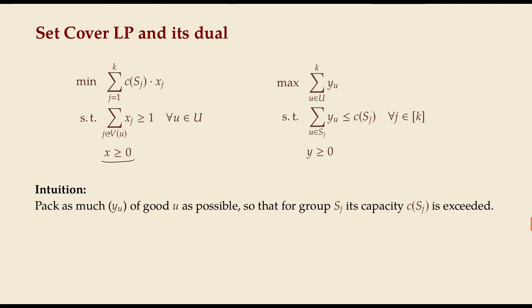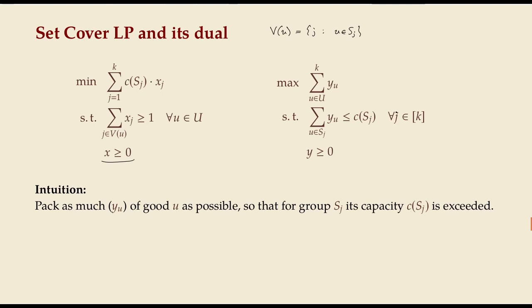And remember this V of u, that was a notation we introduced for convenience. That's the set of all j's, of all indices, so that u is contained in this j set. So here you had a constraint for every element in the universe, and you said at least one of the sets that contains me must be selected, must be covered, or in the fractional case, greater or equal 1.